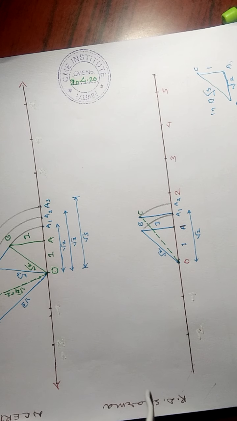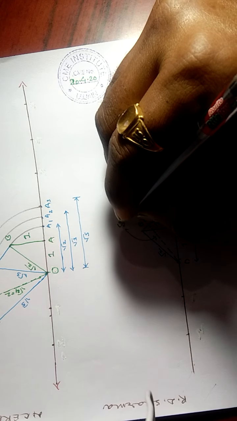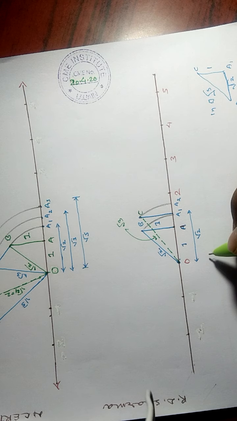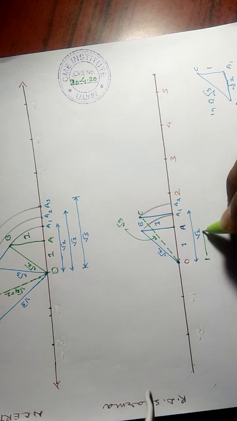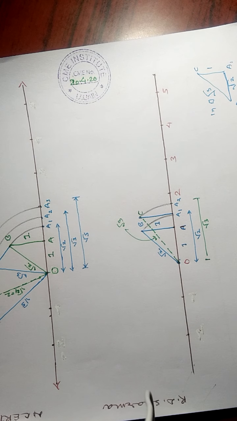So this green line will represent your root 3, and here OA2 will represent your root 3.